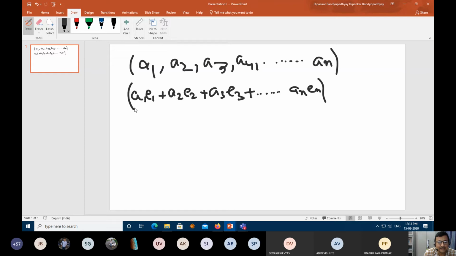So this is my total vectorial form. Now in this total vectorial form, this can be written as nothing but ai ei.